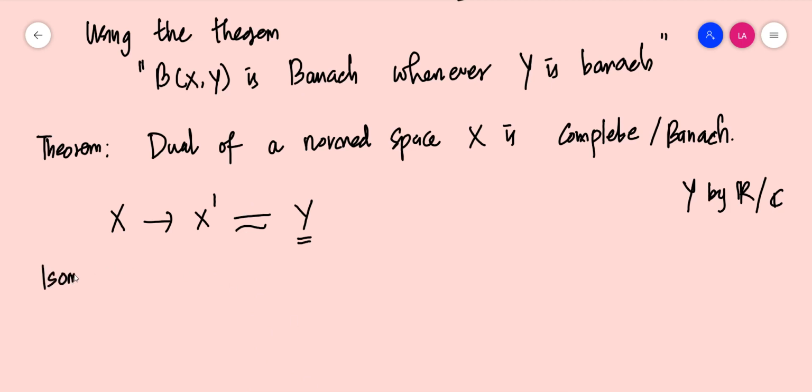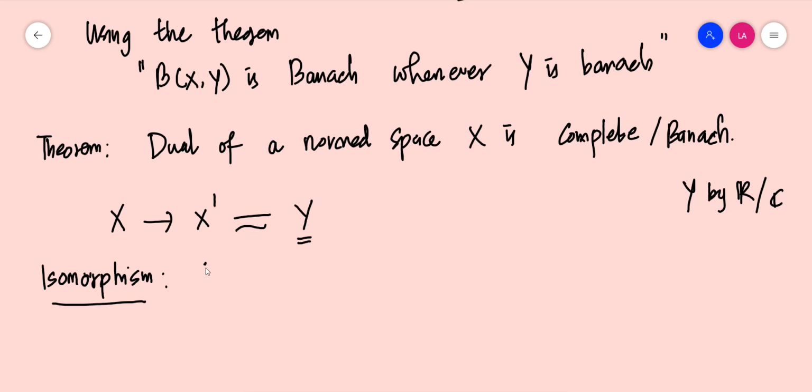Please remember our objective is to understand the dual of some class of spaces. The methodology is to define a space similar to the dual, by means of an isomorphism.